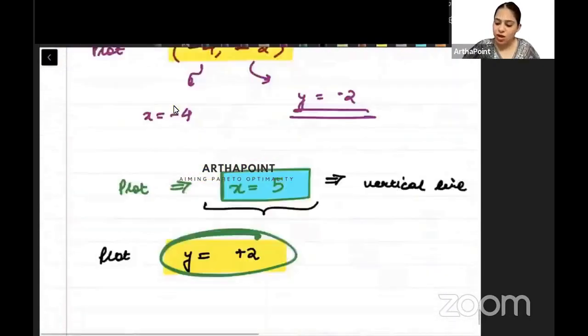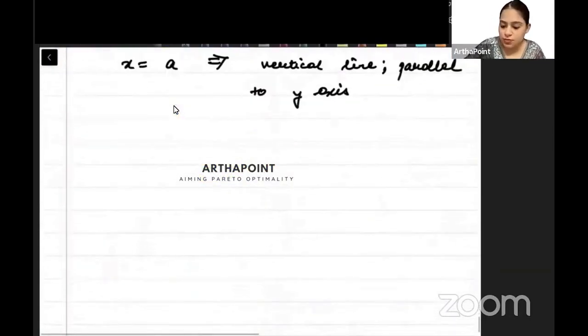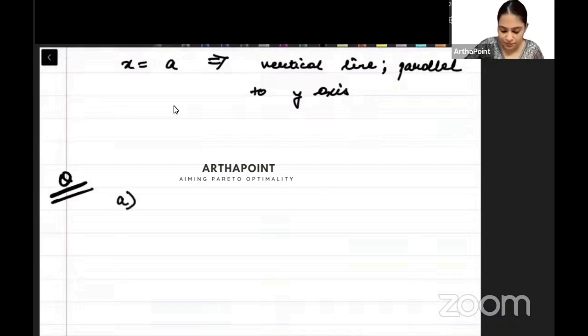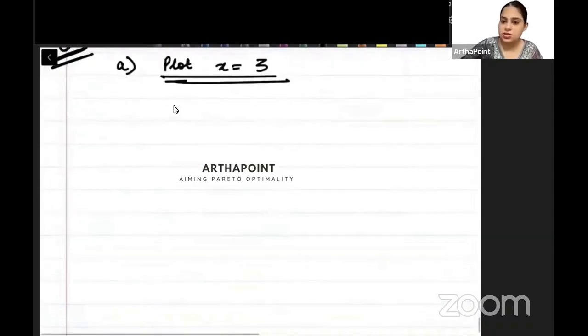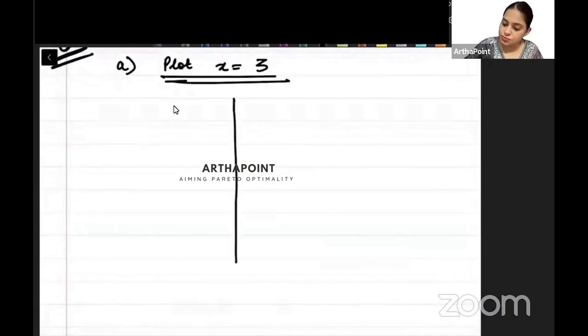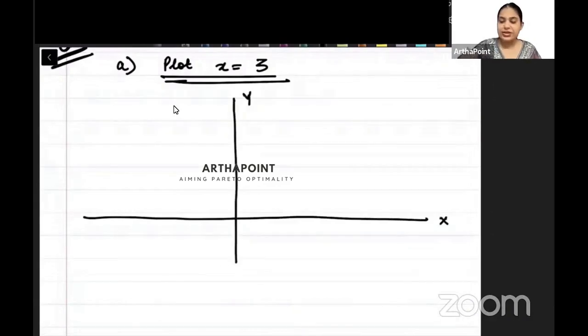Let's take the first question. Question number 1. Plot x is equal to 3. Okay. Let's start this. So this is the x axis, this is the y axis, and I need x equal to 3.